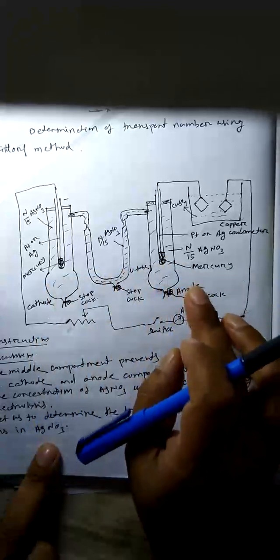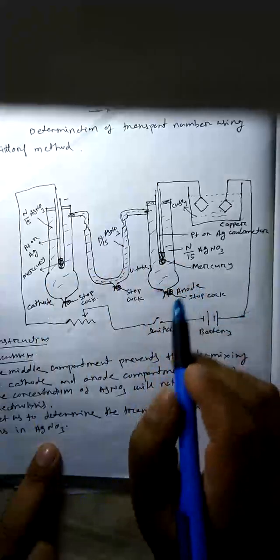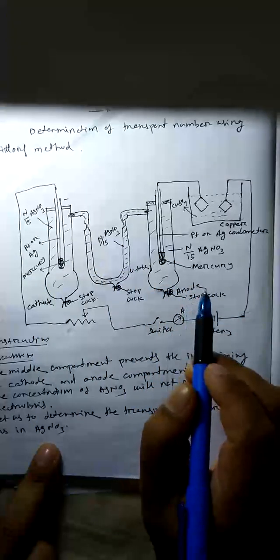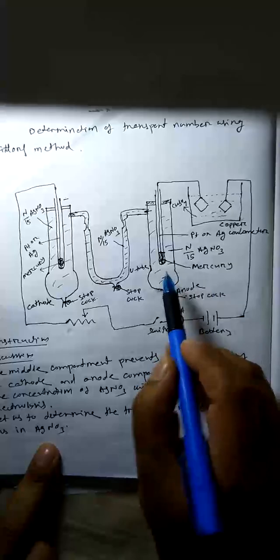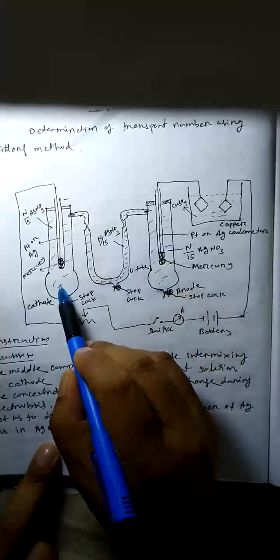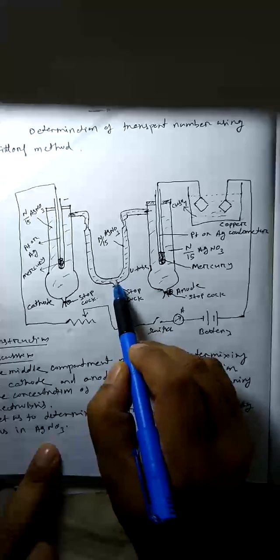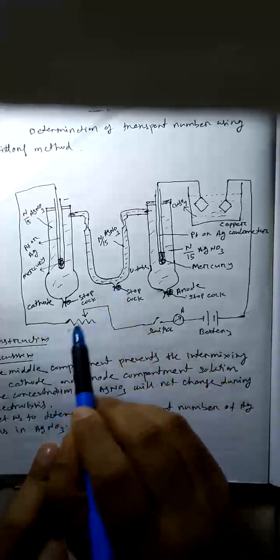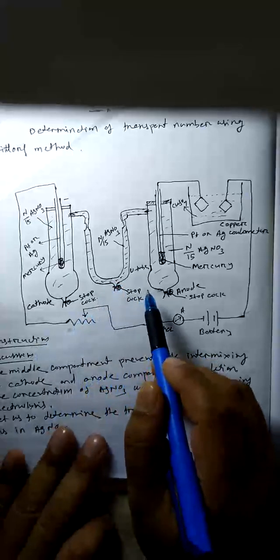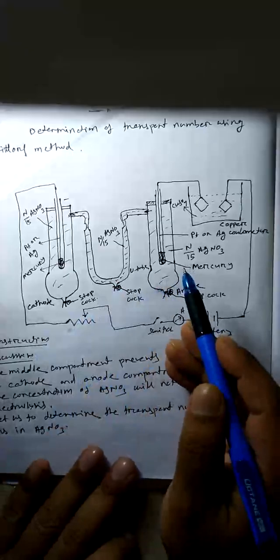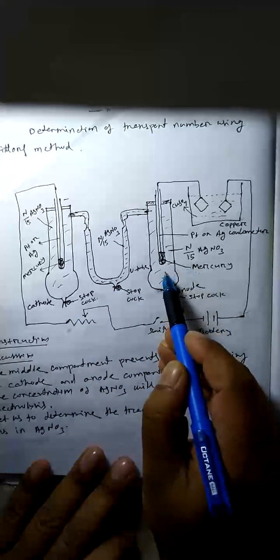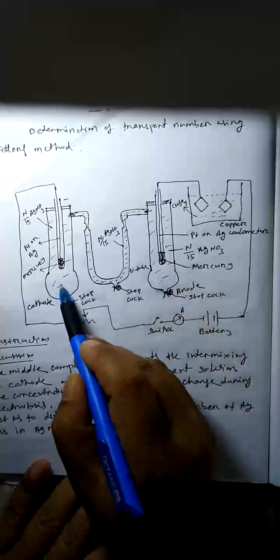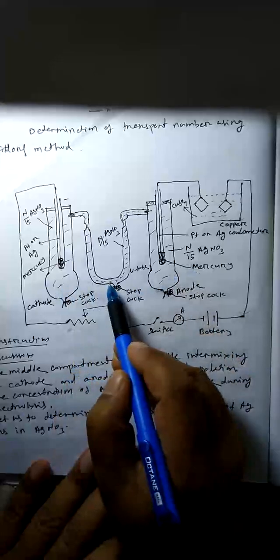Suppose you have to find out the transport number of copper in copper sulfate, then you have to take copper sulfate solution in the anode, copper sulfate solution in the cathode and copper sulfate solution in the U tube. Suppose iron, the transport number of iron(III), then you take iron(III) nitrate in the anode, iron(III) nitrate at the cathode and iron(III) nitrate in the U tube.